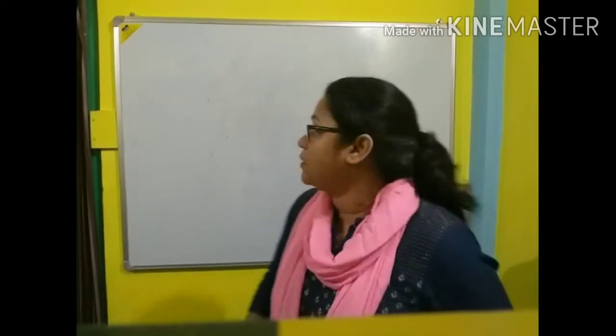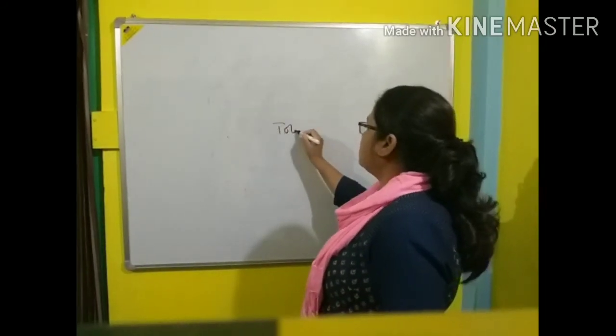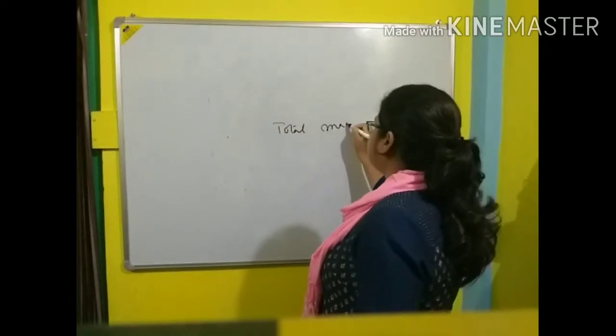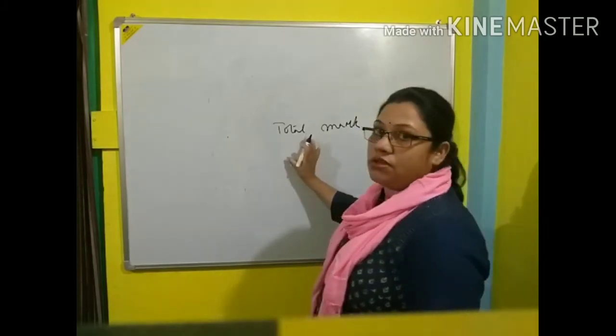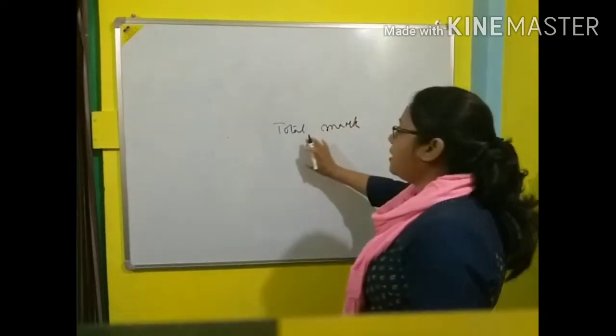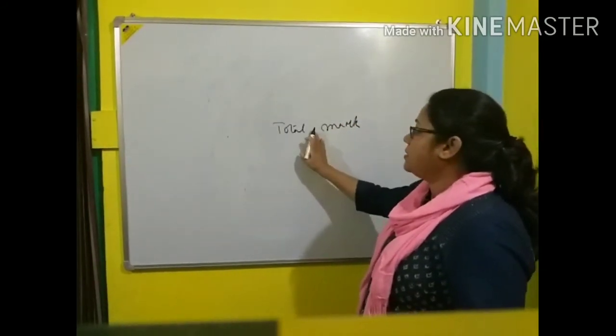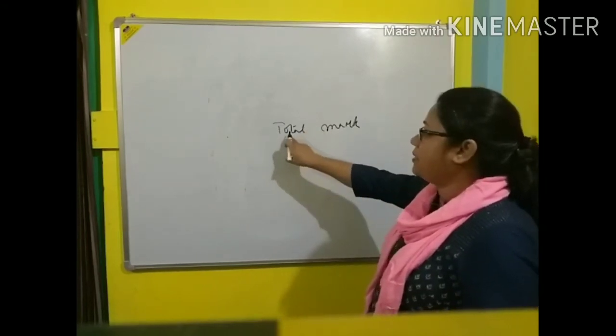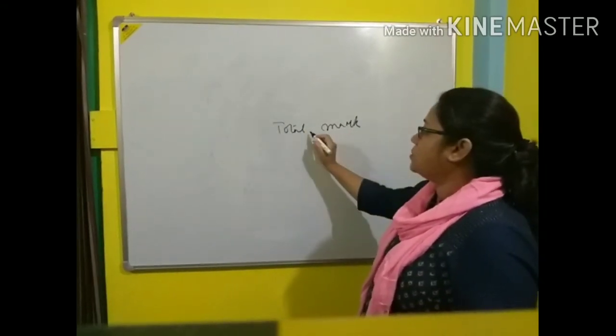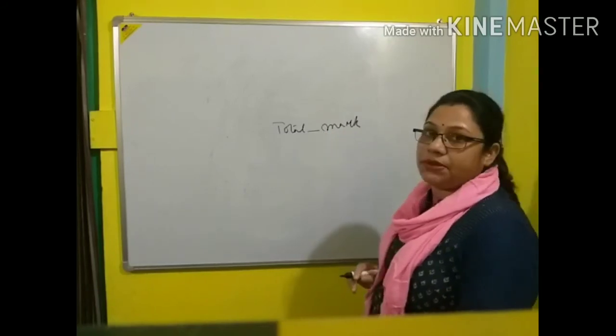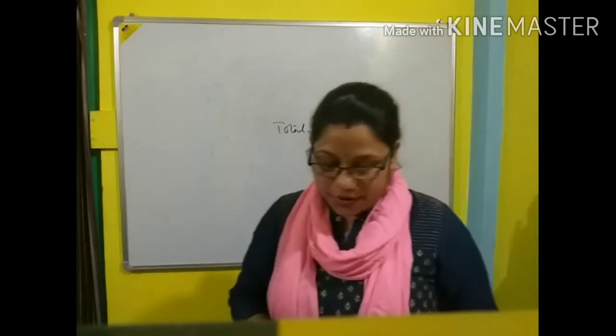You cannot have a space in a variable name. Suppose total marks. If you want to define this as a variable name, you cannot give a gap between total and marks. So you better put an underscore between them to join these two words.